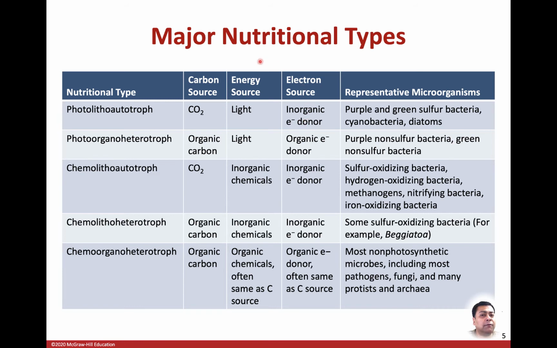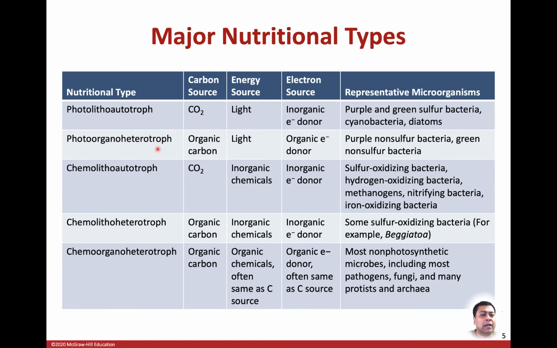So electrons are flowing from this material to this, and that's how they make their own molecules for the energy production. Examples are the purple and green sulfur bacteria, cyanobacteria, diatoms, and these are essential for the biogeochemical cycles that go on the earth, and the sustainability of earth actually depends a huge amount on these different types of energy requirement. Photolithotrophs, very important.